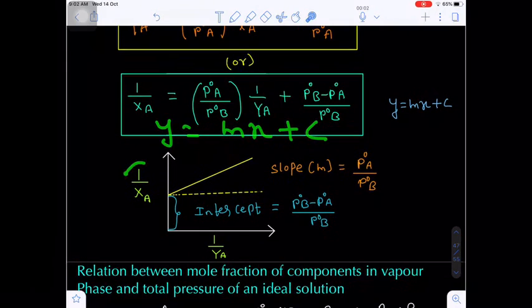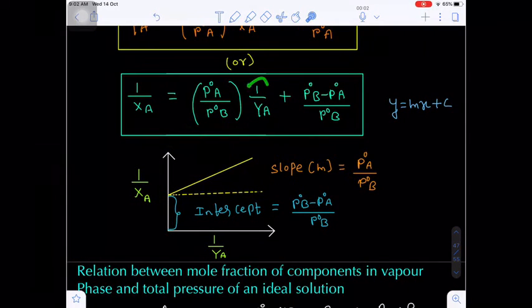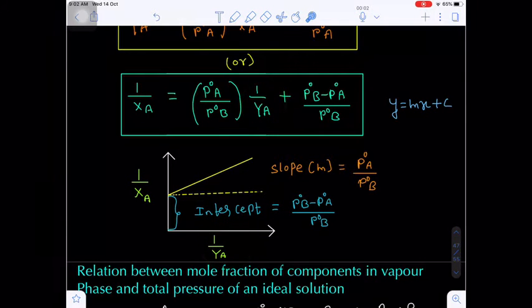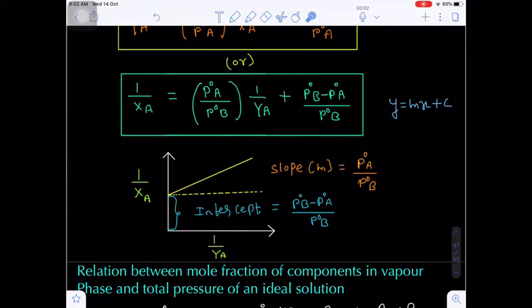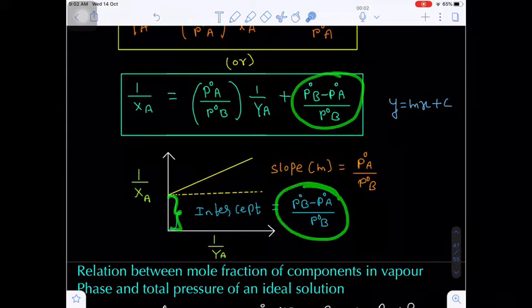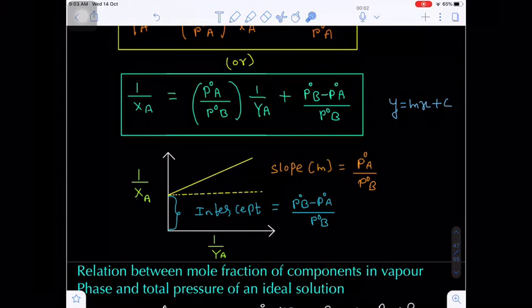Now on the y-axis I am taking 1 upon Xa, on the x-axis I am taking 1 upon Ya. So the straight line is making the slope P naught A by P naught B and having the intercept value on the y-axis, that is nothing but P naught B minus P naught A upon P naught B. Are you getting my point?